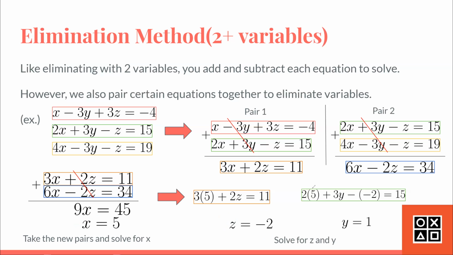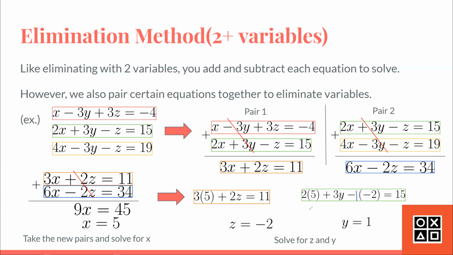Remember, x is 5, so 2 times 5 plus 3y, which is the unknown, minus, this is technically supposed to be 1, so minus 1 times minus 2 equals 15, because we know that z is minus 2.